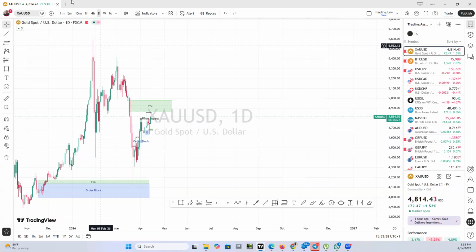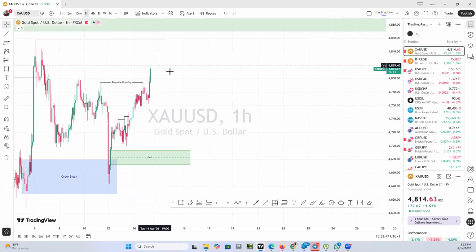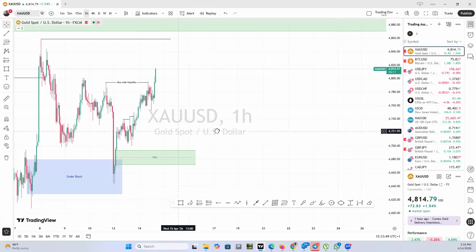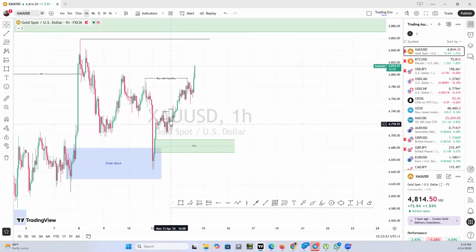So this is what we have on gold. If you take it from daily to 1 hour, the setup is even more clear. So I suggest we use this pattern from daily to 1 hour, and maybe do our execution under 5 minutes instead of 15 minutes.